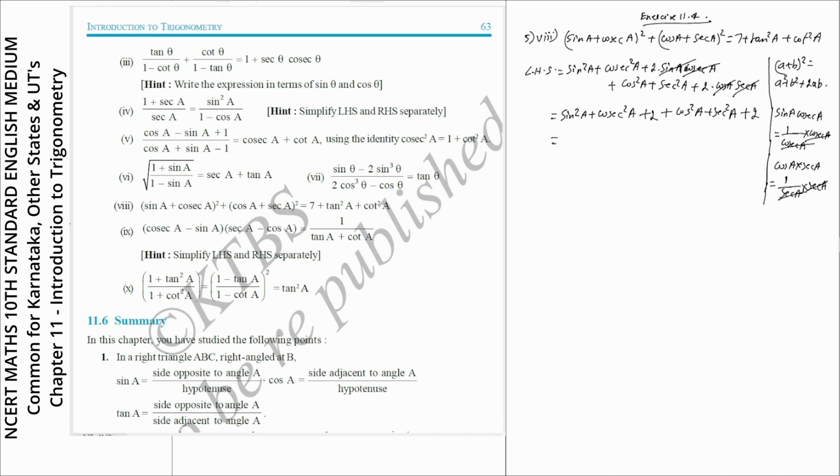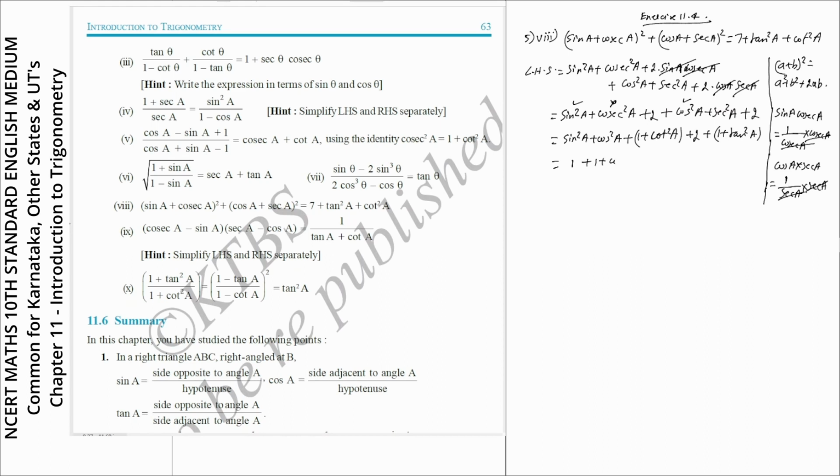Now sin square a plus cos square a, this I'll write side by side, sin square a plus cos square a plus, now cosecant square a is 1 plus cot square a. Okay, this cosecant square a is 1 plus cot square a, plus 2, plus secant square a is 1 plus tan square a. Okay, now sin square a plus cos square a is 1, we know that.